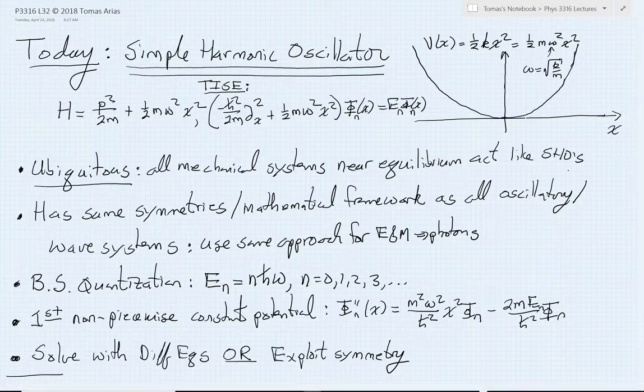But that's not the only reason why this is such an important and beautiful system. As we are about to see, this system has some very special symmetries associated with its Hamiltonian, and there's a mathematical framework that goes along with that symmetry. We use this very rich mathematical framework not only to analyze the harmonic oscillator in its ubiquitous nature for all mechanical systems, but also it forms the same mathematical basis that we use to study much more rich and complex oscillatory systems in quantum mechanics, namely systems involving waves.